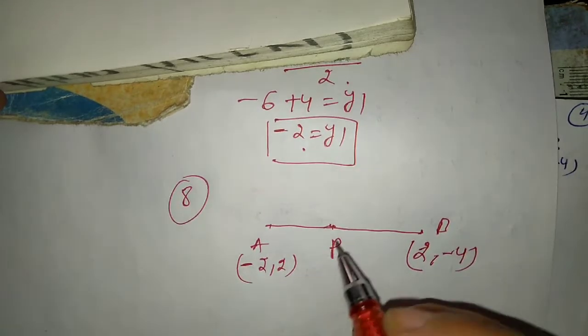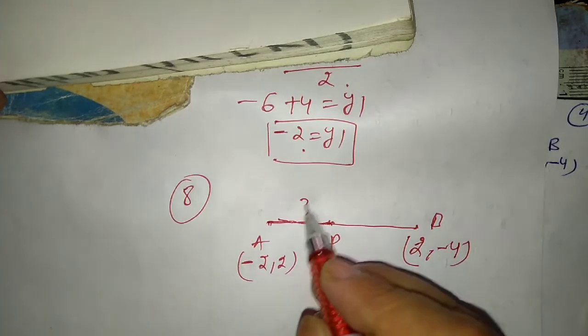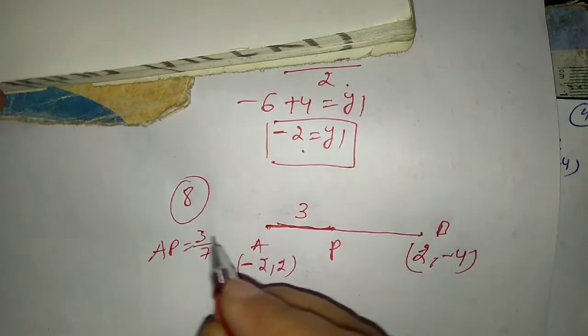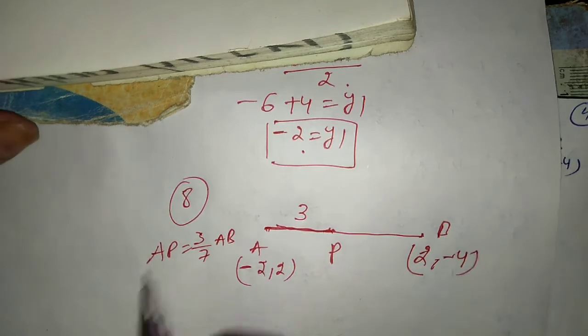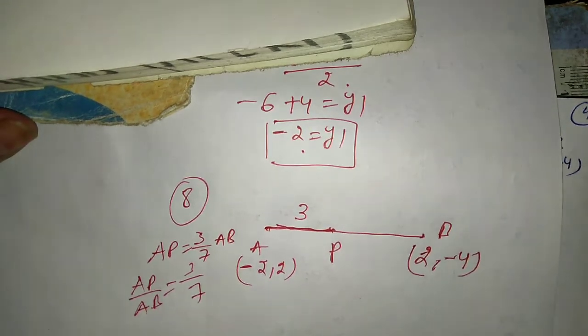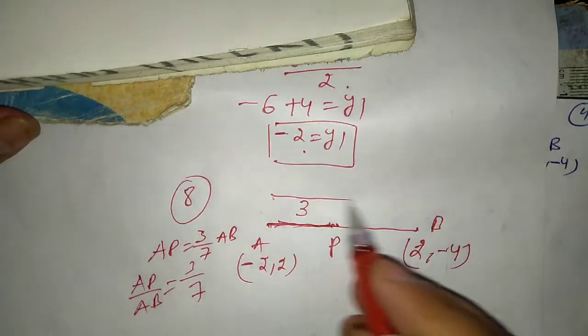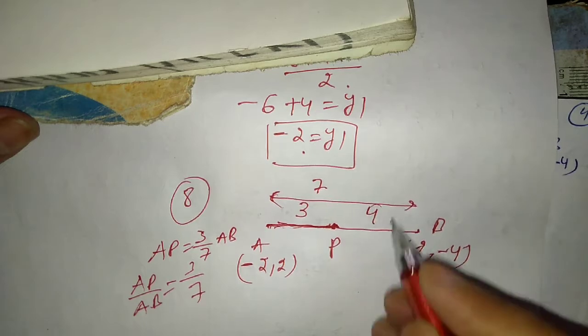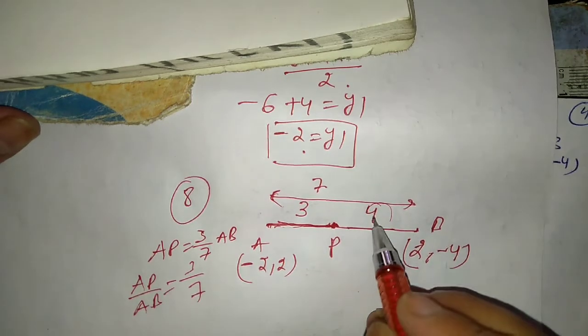AP upon AB is equal to 3 upon 7. So this is 3 and the whole is 7. So what is the value of PB? That is 4. The value of PB is equal to 4.